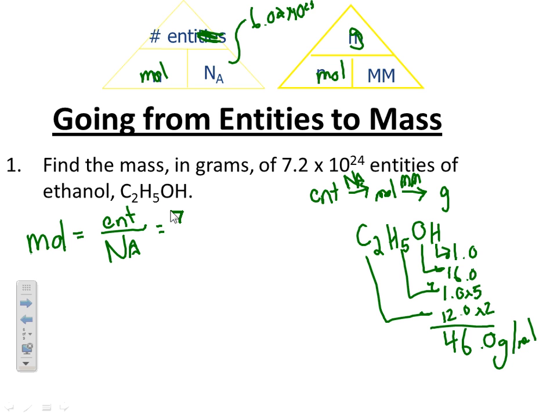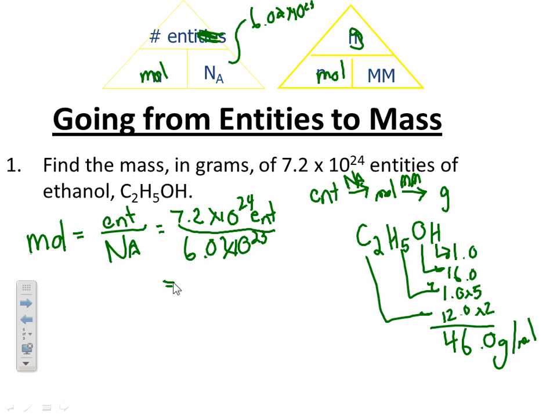Entities: 7.2 times 10 to the 24 entities. And Na is 6.02 times 10 to the 23.